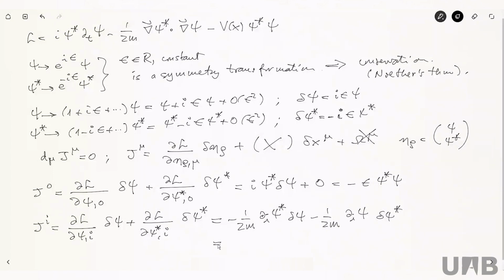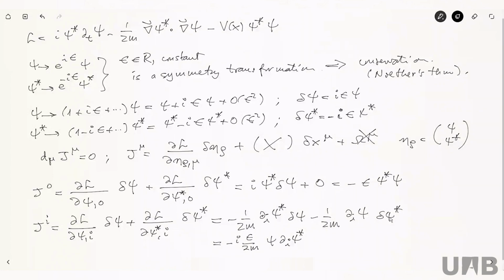Okay, so let's write what this is. δψ is iε, right? So this is minus iε divided by 2m, and then we have ψ, derivative i of ψ*.